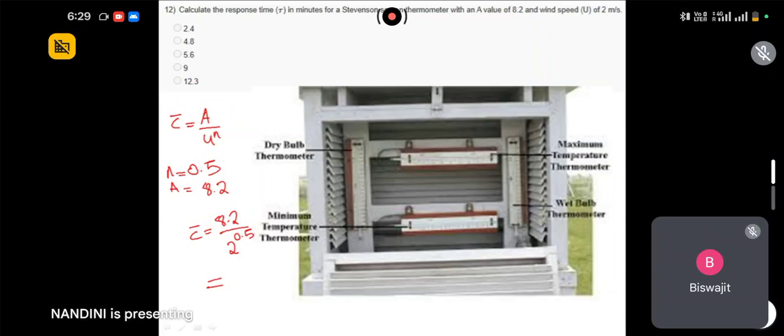So once you convert it into minutes, I think it will be rather less. 8.2 divided by 2 raised to 0.5. N is 0.5. How much are you getting? 8.2 by 2 raised to 0.5.